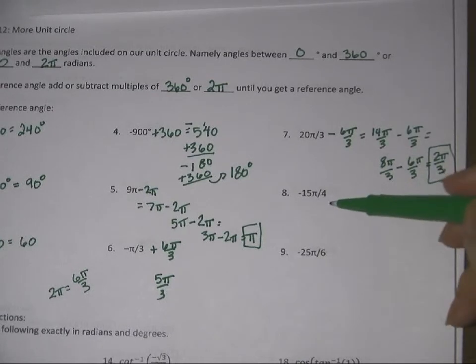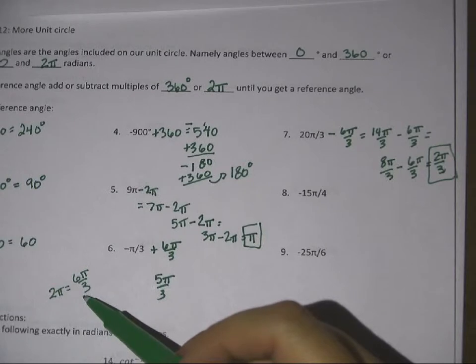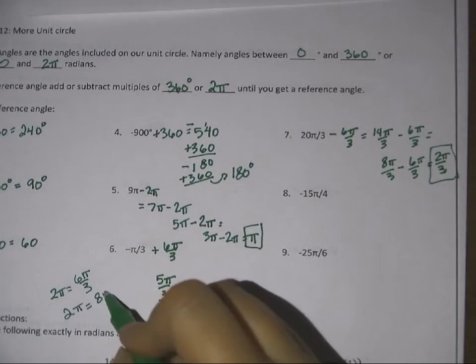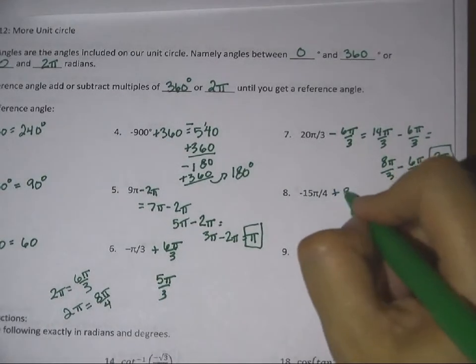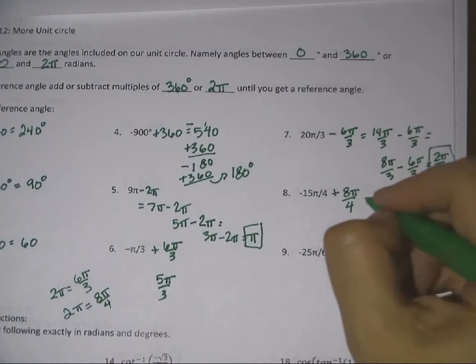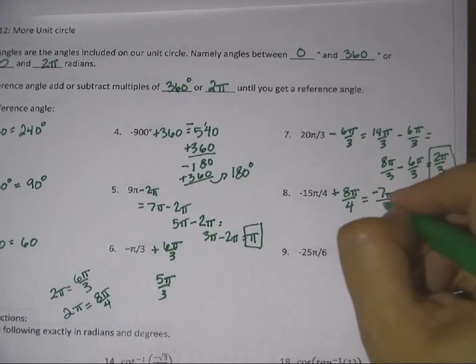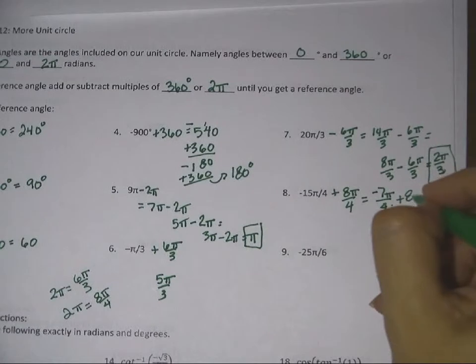Okay, now we have a different denominator. So what am I going to use this time? Well, this time instead of using 2 pi equals 6 pi over 3, I'm going to use 2 pi equals 8 pi over 4. And I'm going to add that on here. -15 plus 8. That's -7. Still not close enough, so I have to do it again.